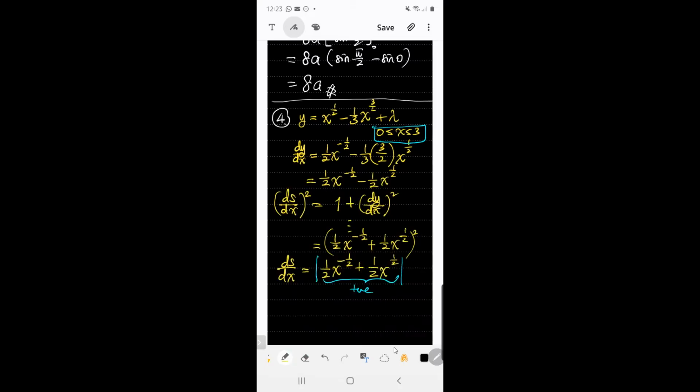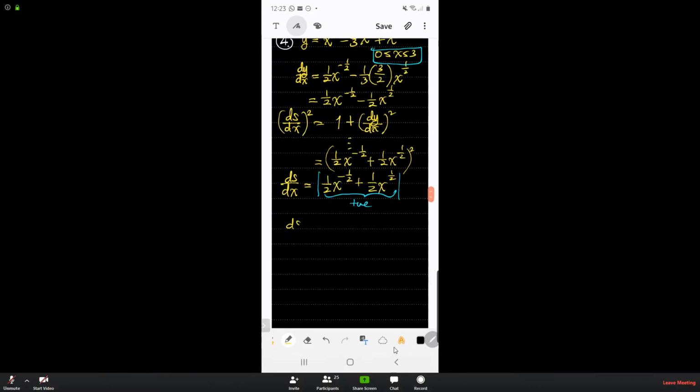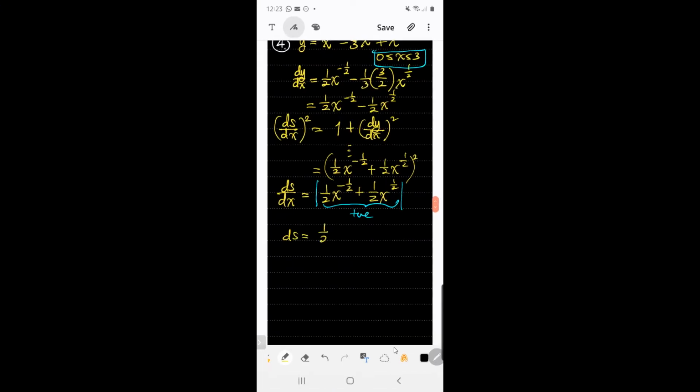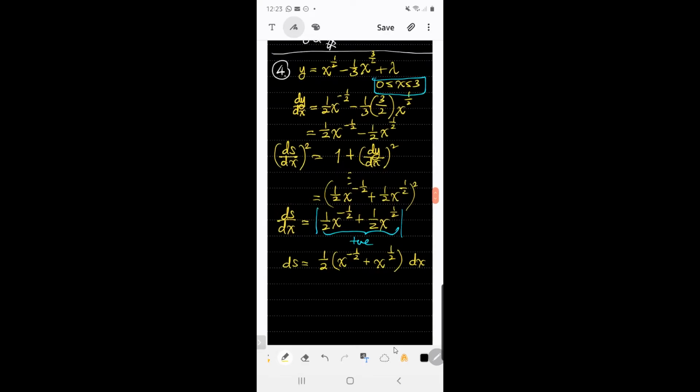Therefore I have ds equals, taking out the half, half times (x to the power of negative half plus x to the power of half) dx. This is the expression for ds. But in order to use the formula, since the whole thing is rotated about the x-axis, you have to use y ds. y is the radius: when it's rotated about the x-axis, y becomes the radius.